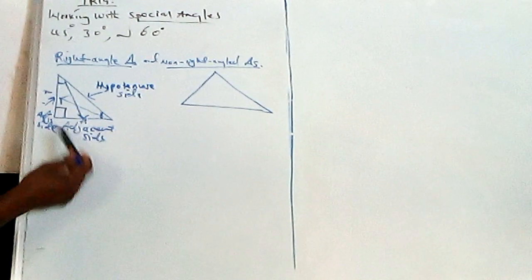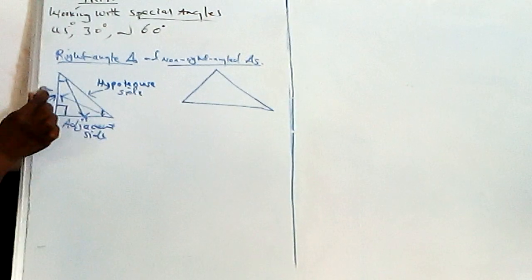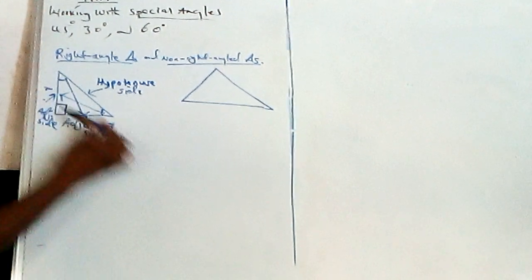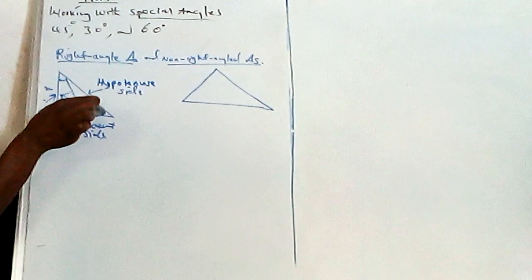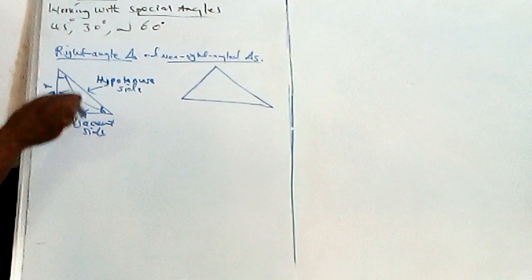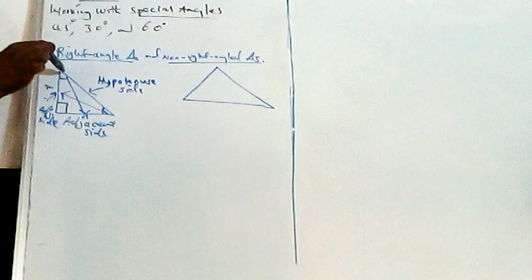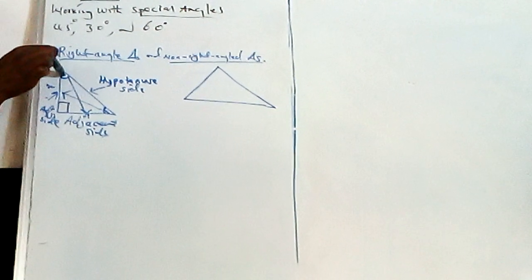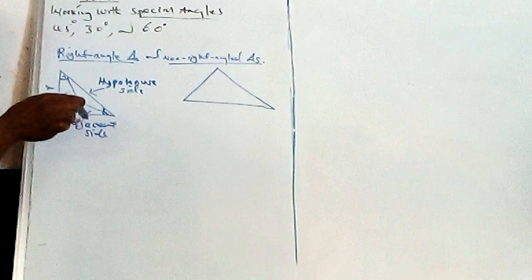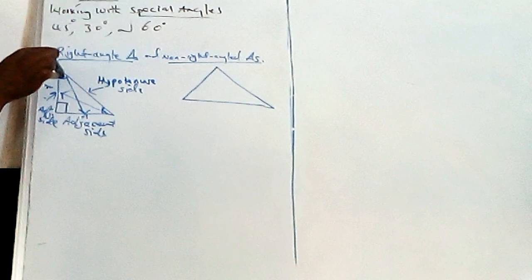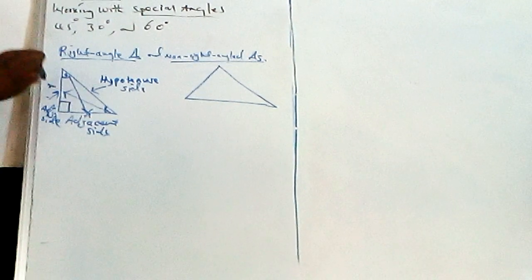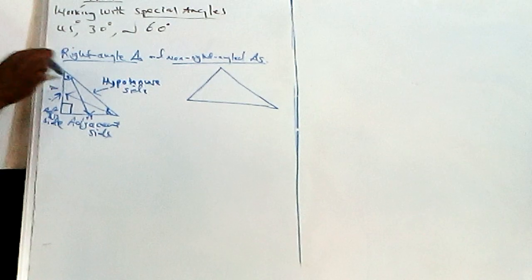If the angle we are reviewing is this one, this side will be called the opposite side of this angle, and this side here will be called the adjacent side of this angle here. The same is true if you are reviewing this angle here. This side will be called the opposite side of this angle, and this one will be called the adjacent, or the next side, of this particular angle.